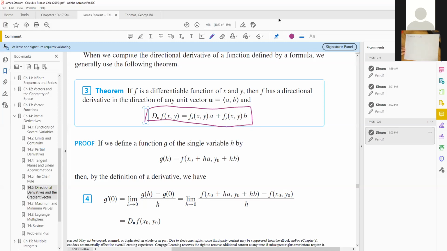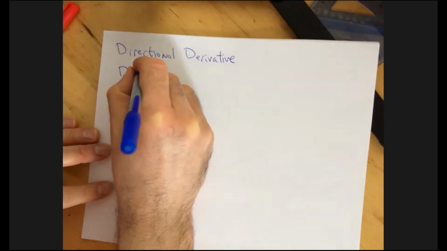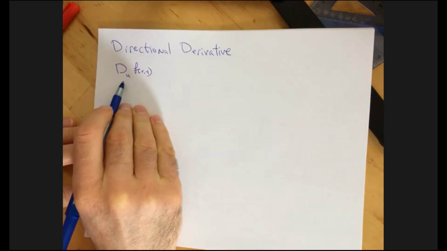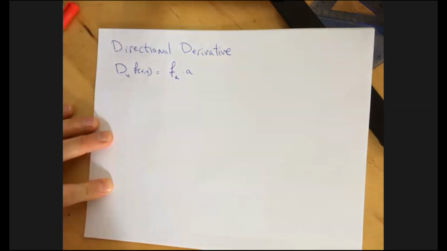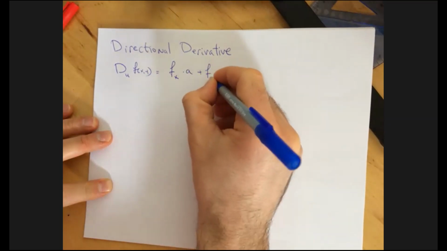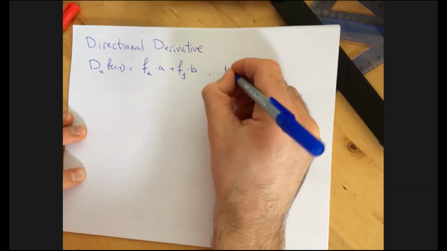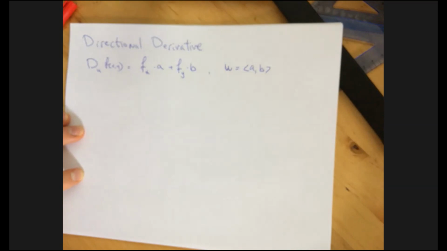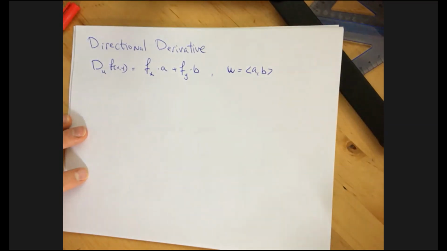Okay, so the directional derivative of the function f in the direction of the unit vector u is equal to partial f partial x times a plus partial f partial y times b, where the unit vector is defined with components a and b. Okay, it's as easy as that.